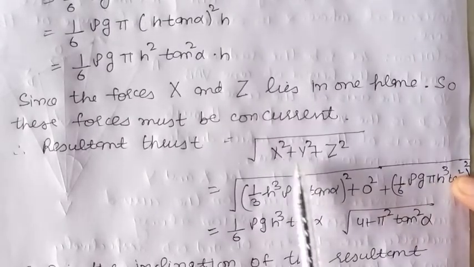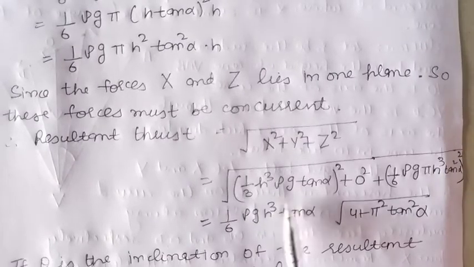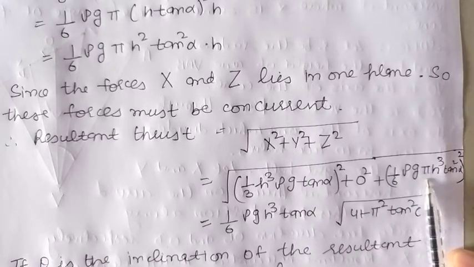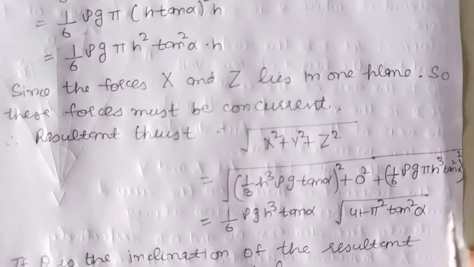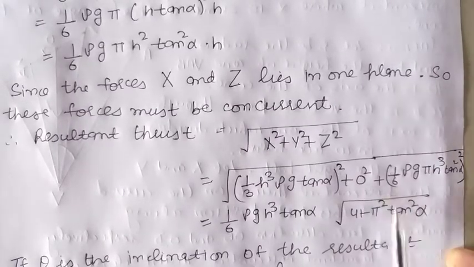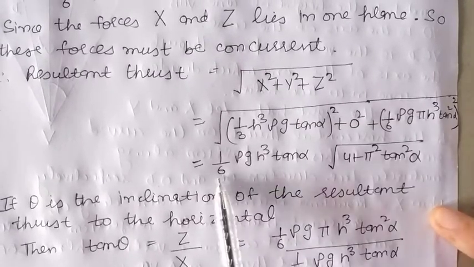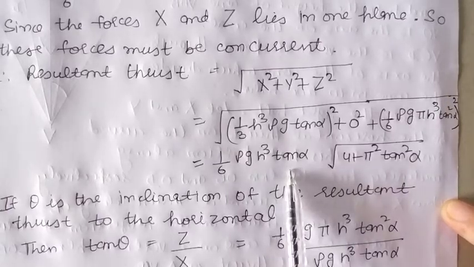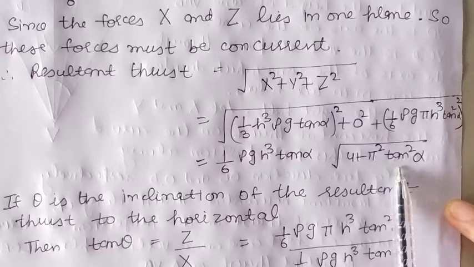Putting the values of X, Y and Z: X is 1 by 3 h cube rho g tan alpha, Y is 0 and Z is 1 by 6 rho g pi h cube tan square alpha. We get the resultant thrust, which is given by 1 by 6 rho g h cube tan alpha into square root of 4 plus pi square tan square alpha.